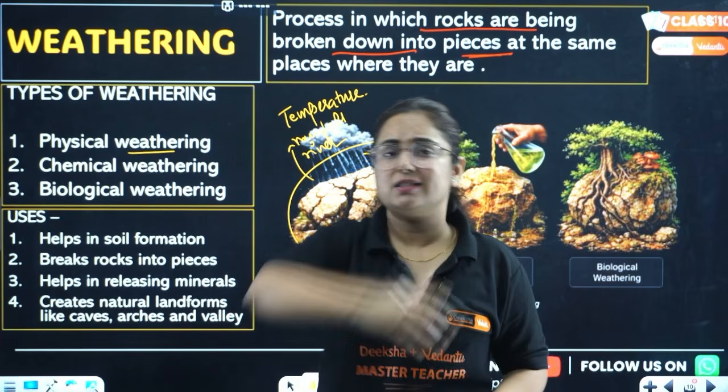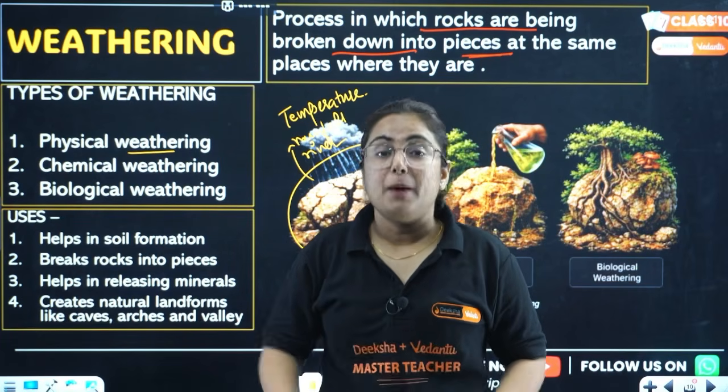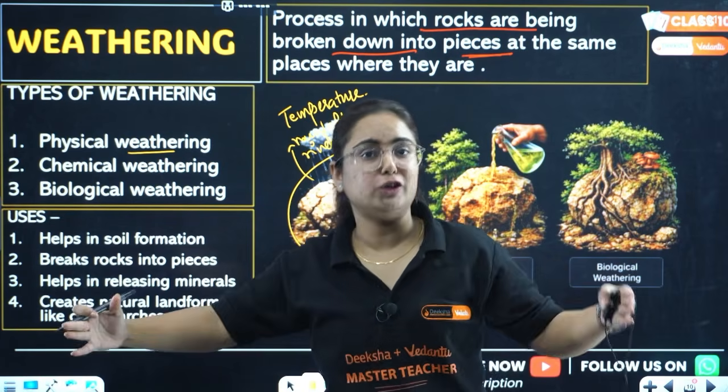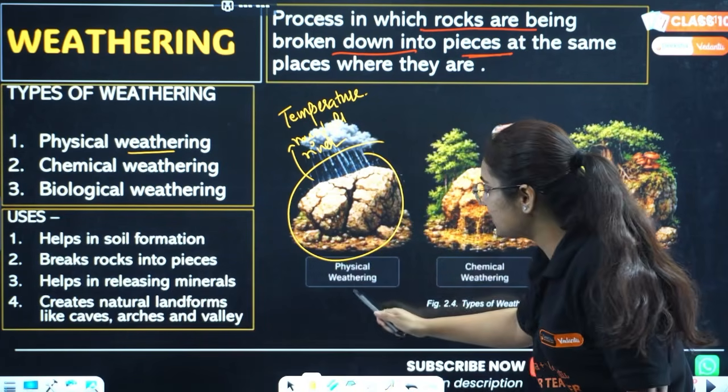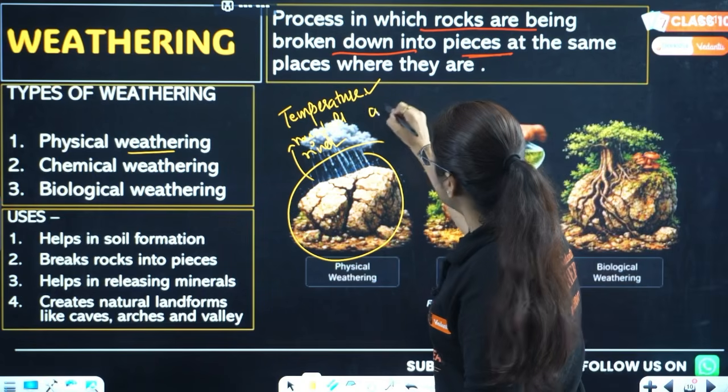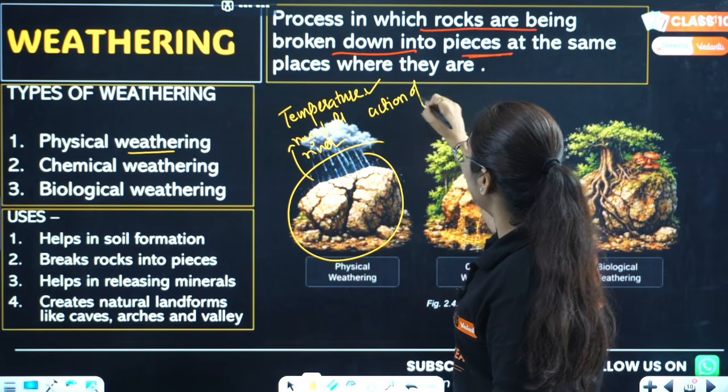So what is happening? This is because of physical nature. If any such rock is being broken down into two pieces because of physical nature, that is known as physical weathering. It may be temperature, or the action of glaciers.